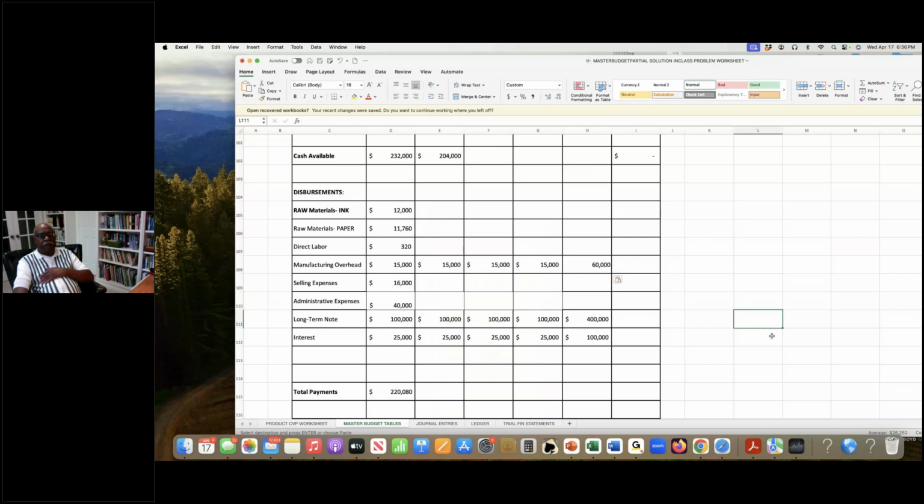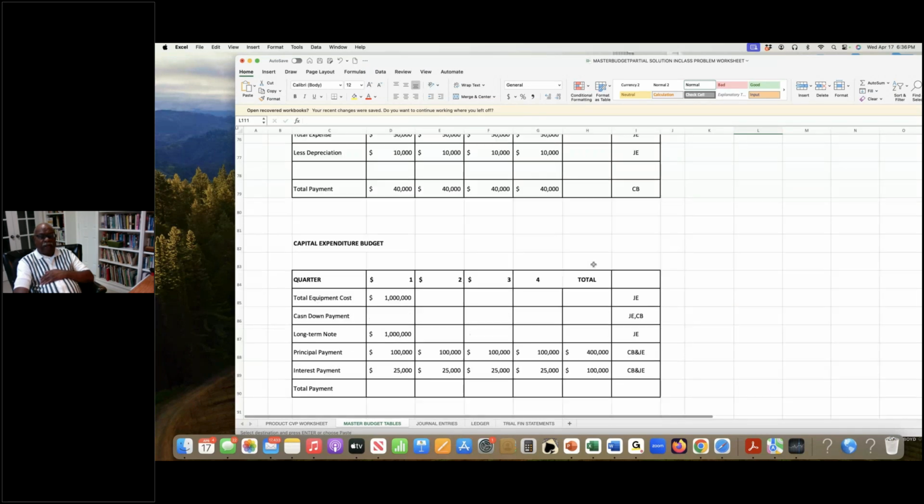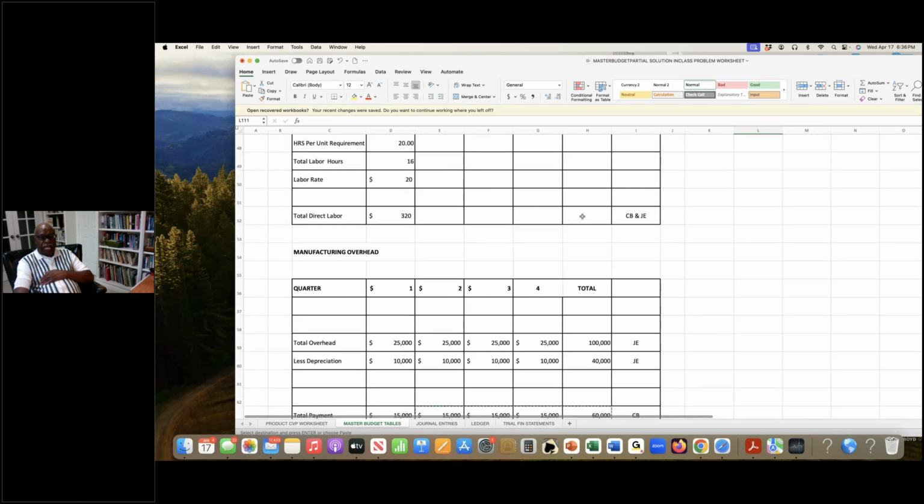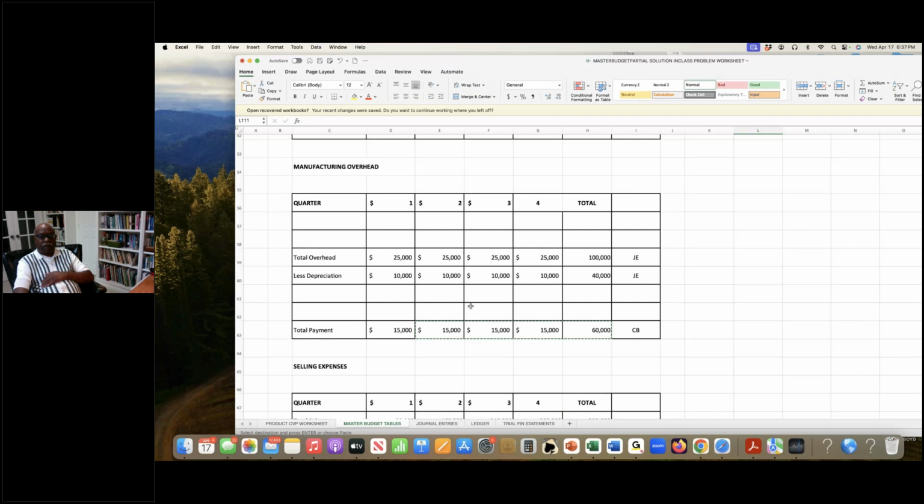I just copied the bottom line, which goes on the cash budget. So you see what's happening? The bottom line, which is CB, goes on the cash budget on these schedules. Now let's make the journal entries.